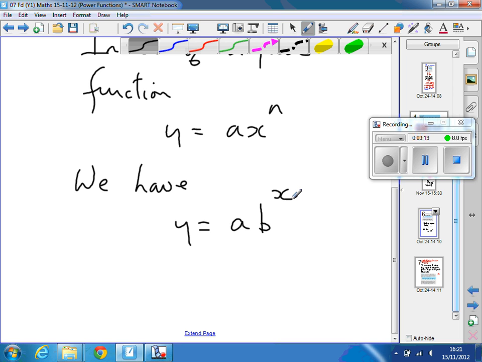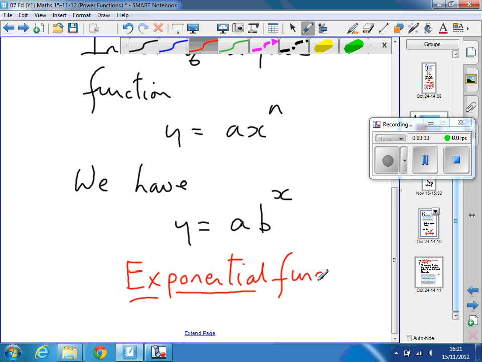And this is an exponential function, where one of the variables, x, is in the exponent, hence the term exponential function.